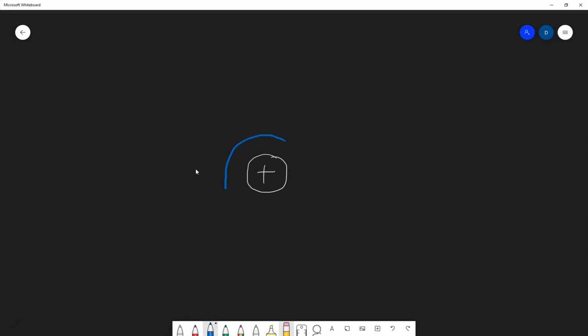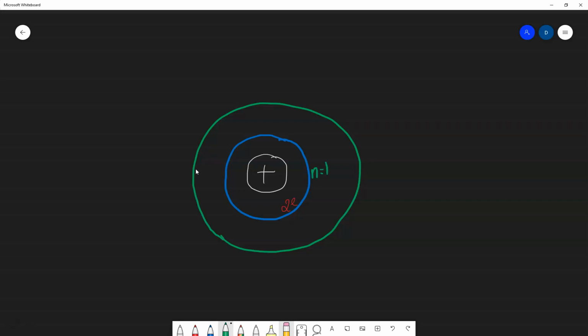The closest orbit, scientists saw there are only 2 electrons that can go in this orbit. There's one more orbit, we call this a second orbit. So in fact they started naming this orbit as n is equal to 1, n is equal to 2.